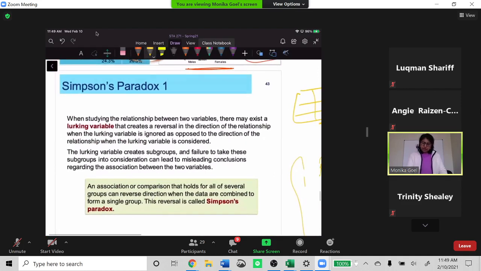When studying the relationship between two variables, there may exist a lurking variable that creates, and before you guys drop, just want to let you know that I will not be available during my office hours, but Miss Minion will be available. So if you have any questions, please log on to her Zoom ID between 11 to 11:45 actually.